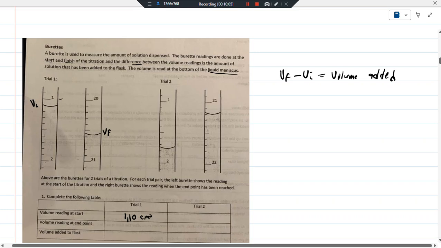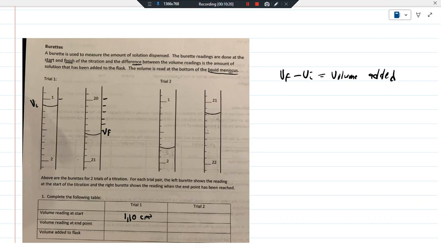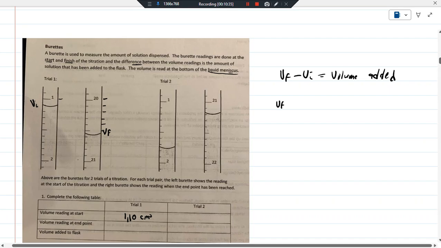So what is the final one? 20, 20.1, 20.2, 20.3, 20.4, 20.5. Now if we want to be more precise, since the meniscus is between 20.5 and 20.6, you just take the average of the two. So V final is 20.5 plus 20.6 divided by 2.